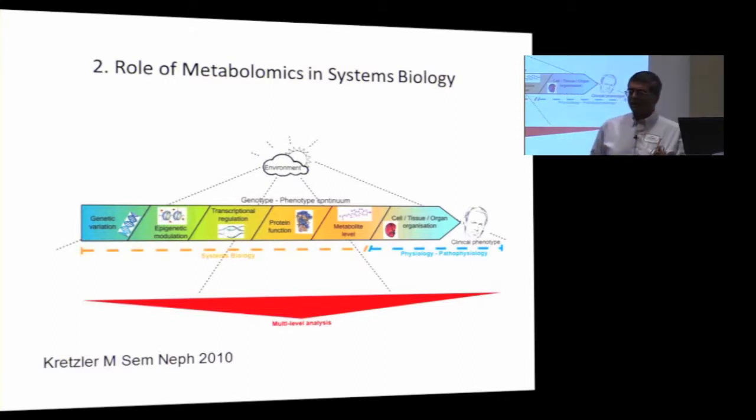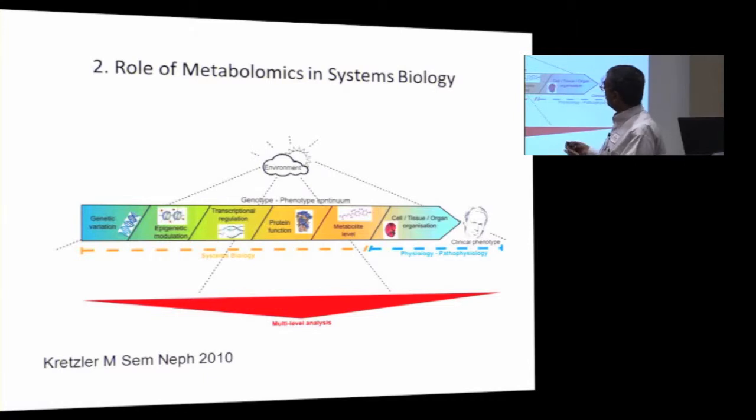So a clinical phenotype of either a normal functioning individual or a disease, or this could be an animal or a cell culture or whatever, is a complex interaction between the environment and the composition. You can have genetic, epigenetic, transcription, protein, metabolite, et cetera.